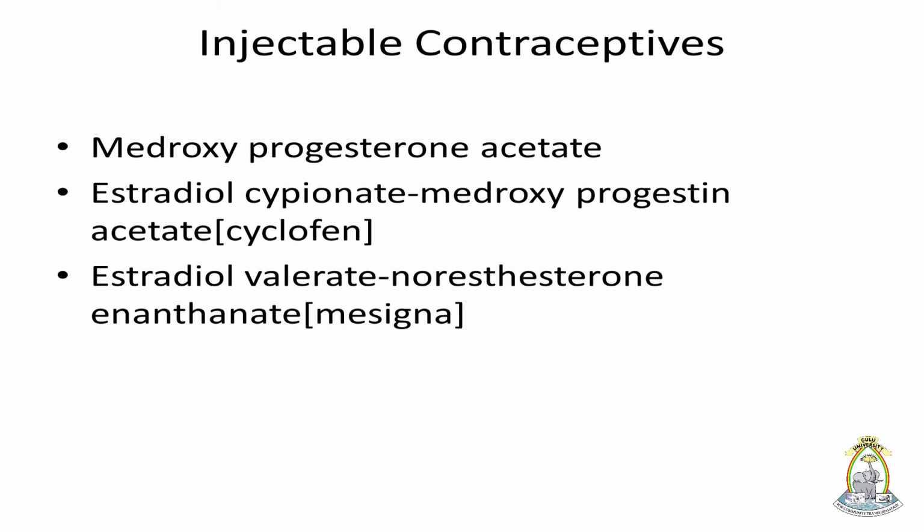The injectable methods: we have medroxyprogesterone acetate, the Depo-Provera, and then we also have estradiol cypionate and medroxyprogesterone acetate, Cyclofem. These are actually combined injectable contraceptives, because you see that it has an estradiol, which is an estrogen, and the medroxyprogesterone, which is a progestin, as well as estradiol valerate and norethisterone enanthate, which is called Mesigna.